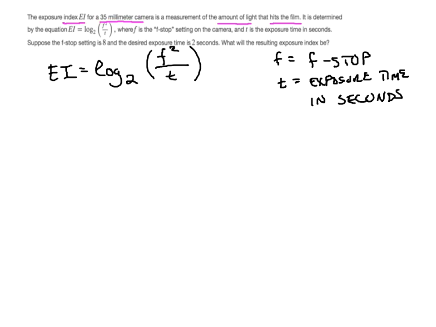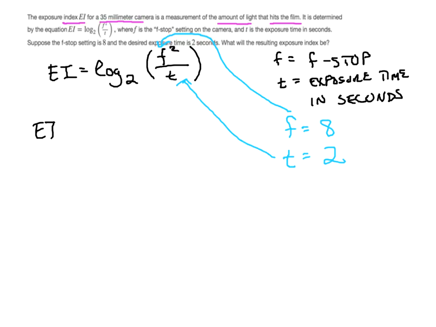If my f-stop setting is 8, so if my F is equal to 8, and my desired time exposure is 2, what will the resulting exposure index be? So I just need to plug in. I'm going to plug in 8 here and 2 here.